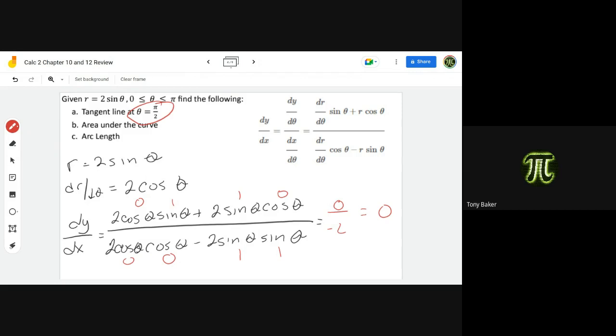So my slope is 0. Because the derivative of sine is cosine, and the 2 doesn't matter because the 2 is outside of it.